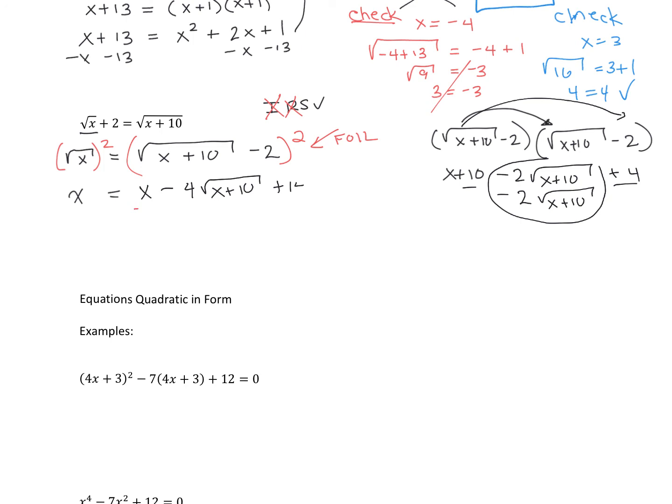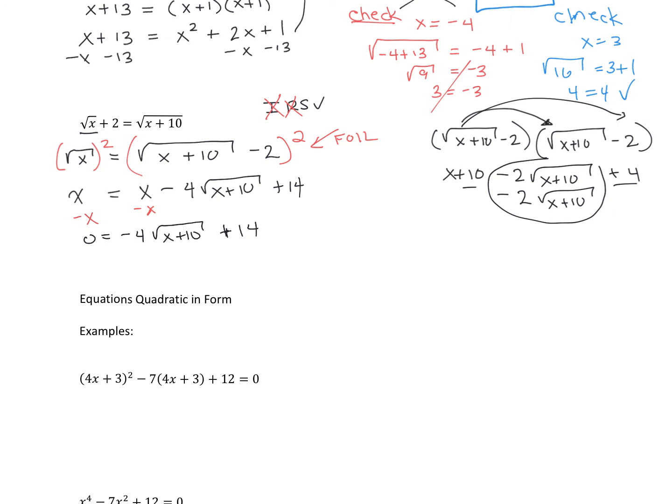So I am now going to subtract x from each side. And that's going to give me 0 equals negative 4 root x plus 10 plus 14. So you might notice that we now have an equation and it still has a radical in it.